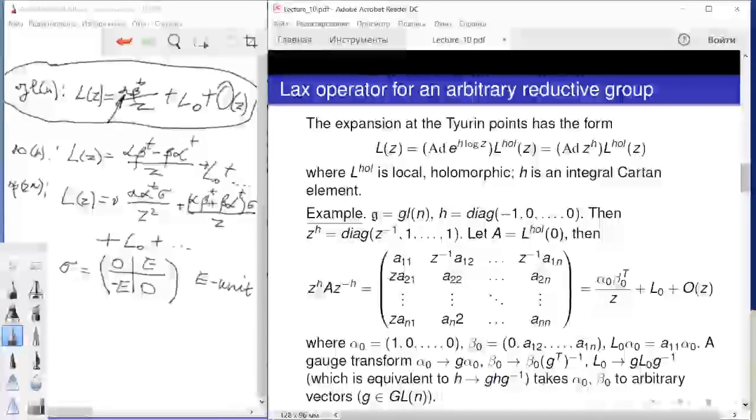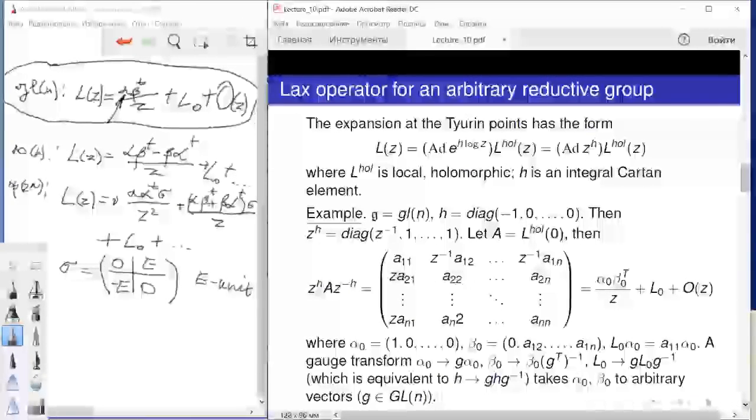Nevertheless, I would like to mention one more way to define the Lax operator, which fits an arbitrary reductive group or Lie algebra, and in many respects simplifies the presentation.